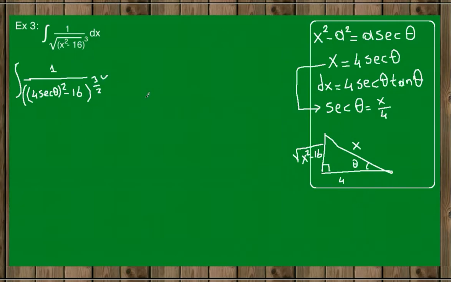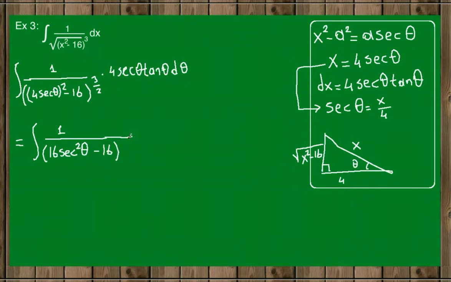And instead of dx, we're going to write 4 secant theta tangent theta d theta. Okay, let's clean up a little bit more. So 1 over (4 secant theta) squared is 16 secant squared theta, minus 16, raised to the 3 over 2, times 4 secant theta tangent theta.